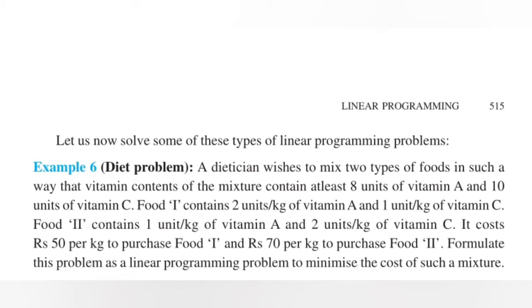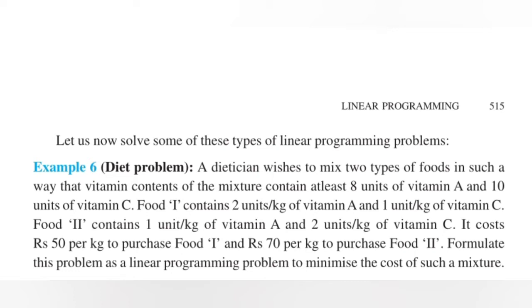Okay, and then you are given that the price per kg of food A is 50 and the price per kg of food B is 70. So you need to minimize the cost of the mixture.